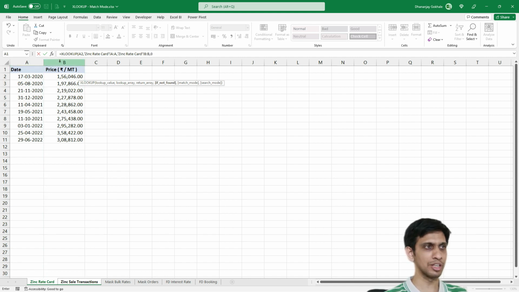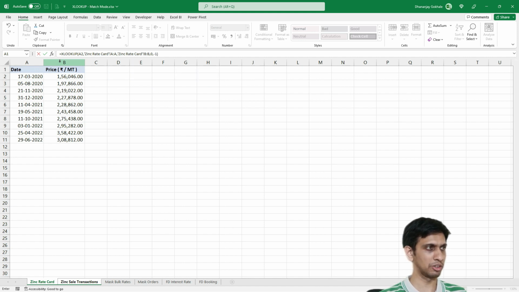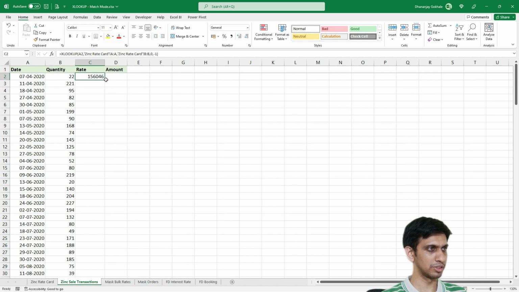If not found, again 0, comma. Match the exact or smaller. In date terms, smaller means the previous date, or the lower one. -1, bracket close. These are the rates.